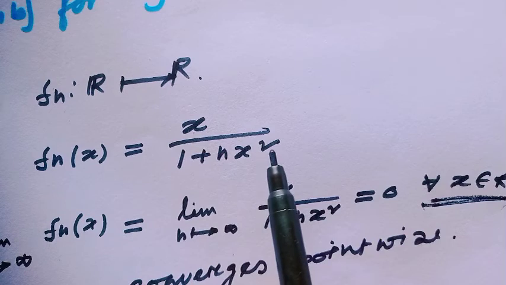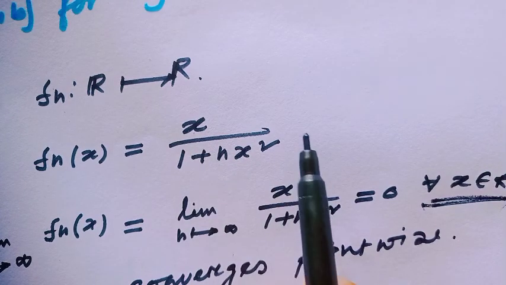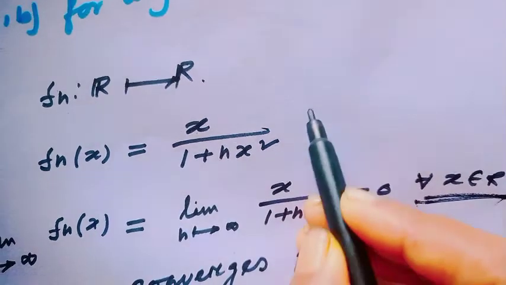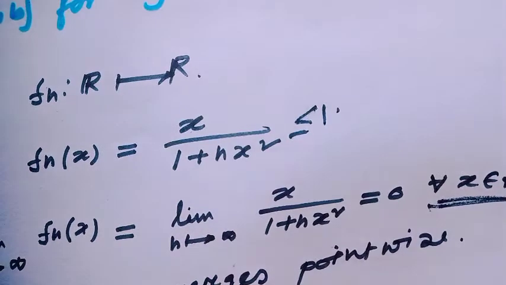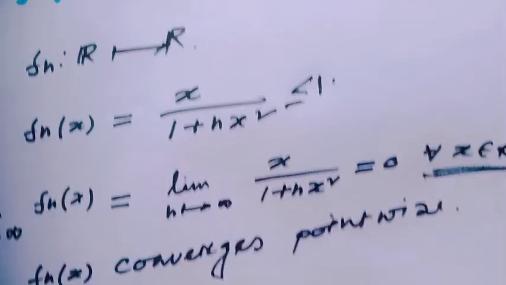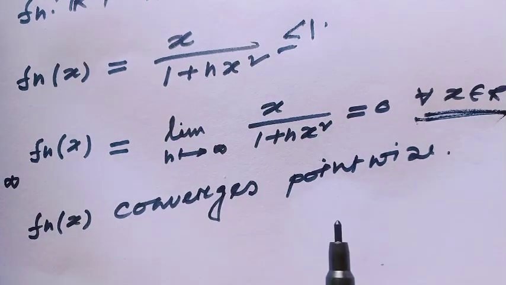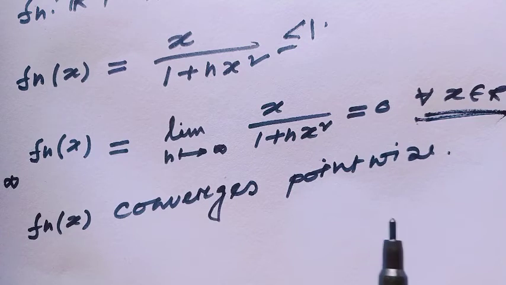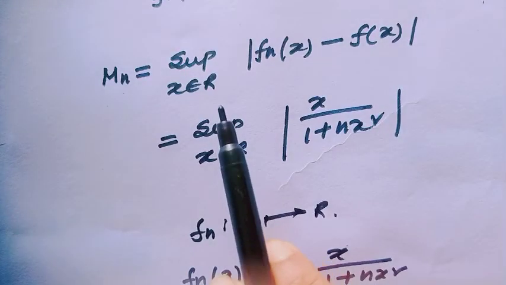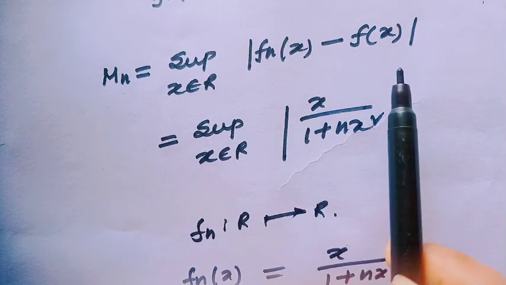Notice the function x over 1 plus n x squared. When the value of n is increased, this value would be less than or equal to 1. That means obviously this function is bounded on the whole real line. So here we can apply the M_n test to find uniform convergence. The M_n test is the supremum over x in R of the absolute value of f_n(x) minus f(x).